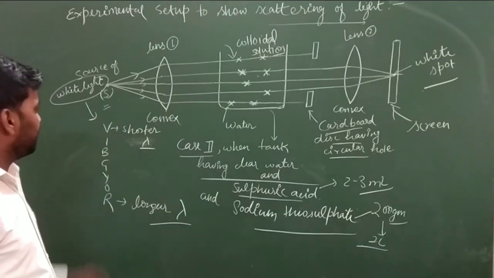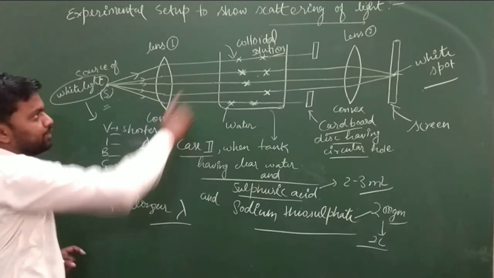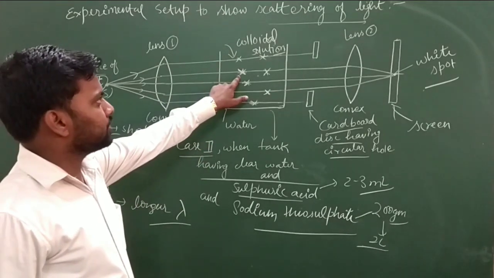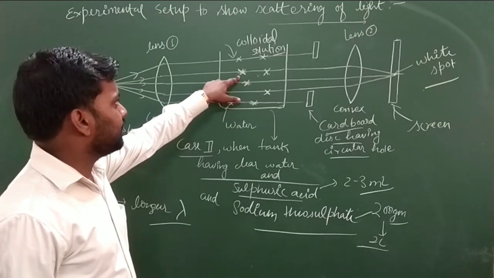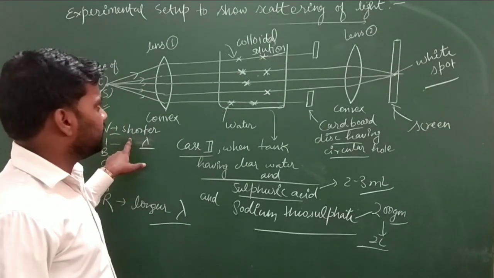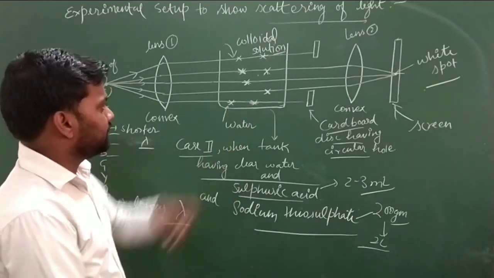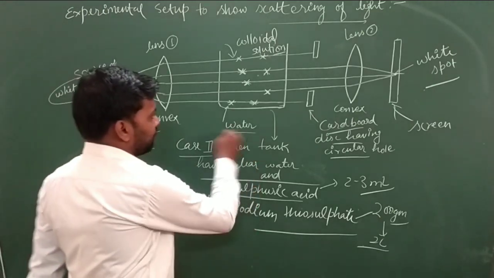Okay, what will happen when the shorter wavelength light, that is violet, indigo, blue, strikes the sulfur particle? It will scatter itself due to the smaller wavelength and the smaller size of the sulfur particle.